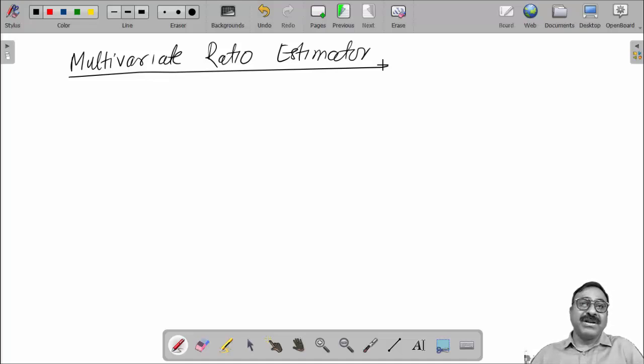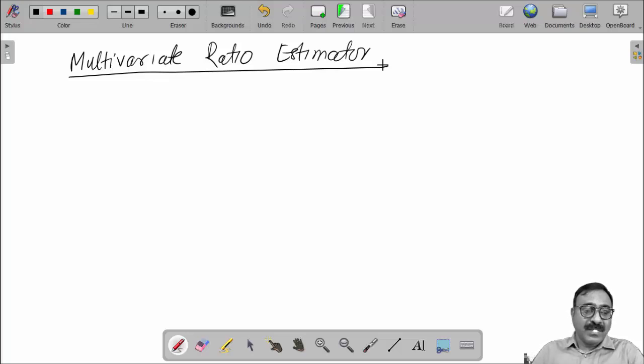Now previously we have studied the ratio estimator using a single auxiliary variable x, and we have discussed different almost unbiased ratio estimators. Unbiased in the sense they are unbiased up to first order of approximation only.